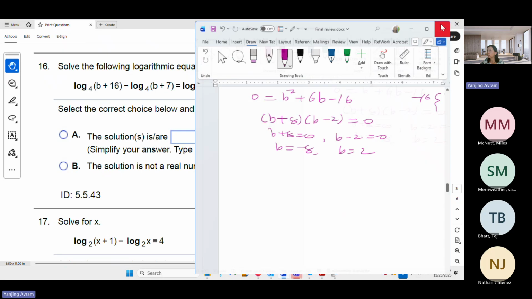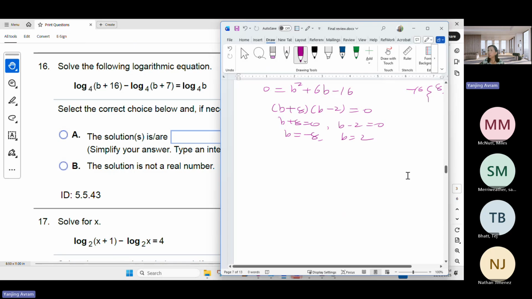That's the domain. Okay, so if you check 2, everything is fine. But if you check b equal to negative 8, b plus 16 needs to be greater than 0. Is this okay? Yeah, this is okay. b plus 7 also needs to be greater than 0. But if you plug in negative 8 plus 7, this is not greater than 0. So that means this one is gone. Okay, the only answer here is b equal to 2.